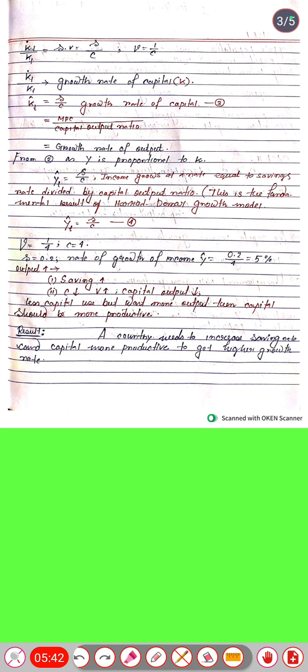So what will be the savings rate, or the rate of growth of income? v is a positive coefficient 1 by 4, c is equal to 4, because we know that v is equal to 1 by c, so c is equal to 4.